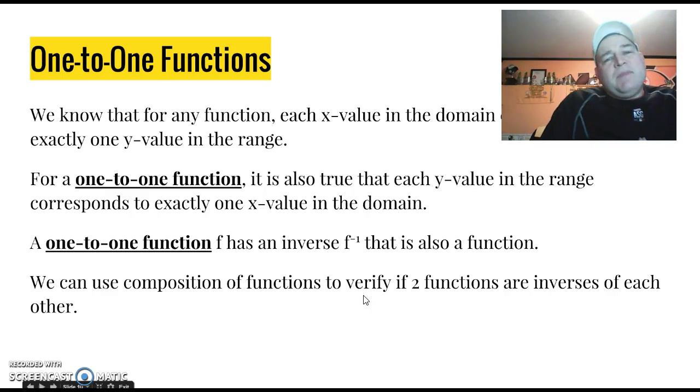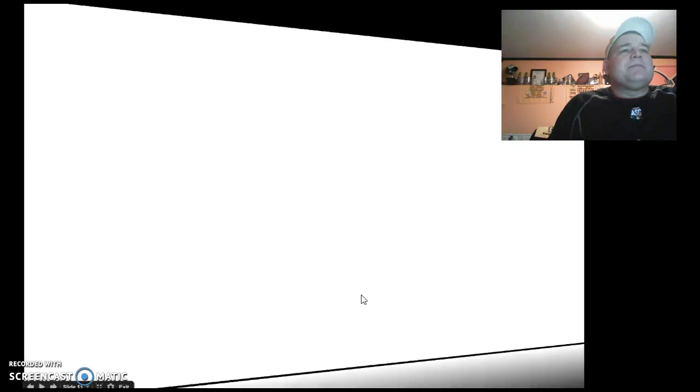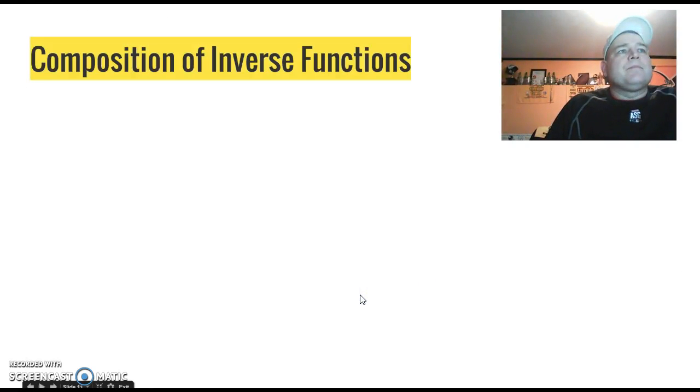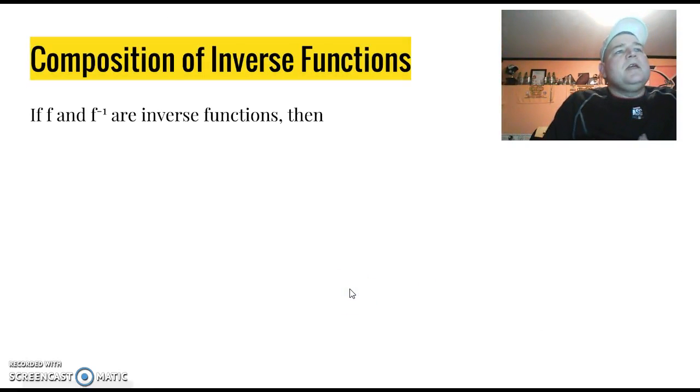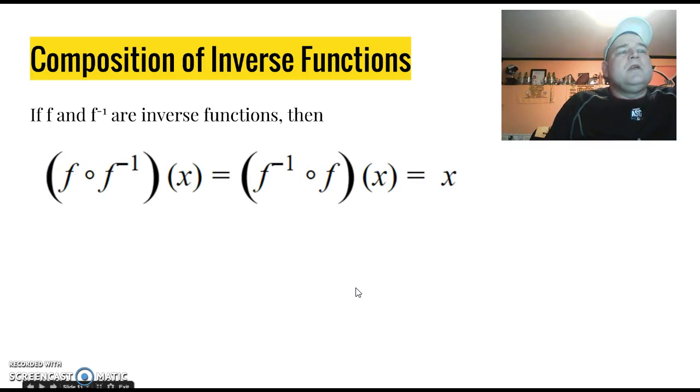We can use the composition of two functions to verify if the two functions are inverses of each other, such as this. If f and f inverse are inverse functions, then the composition of f and its inverse equals the composition of the inverse with f, and they both equal x.